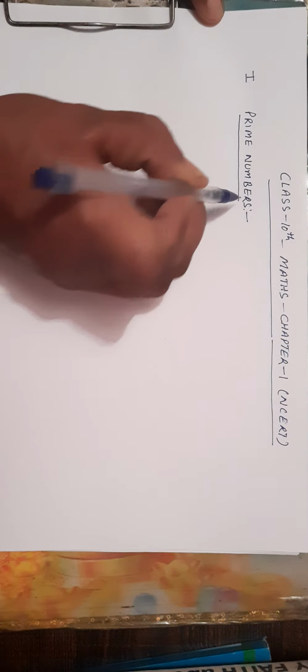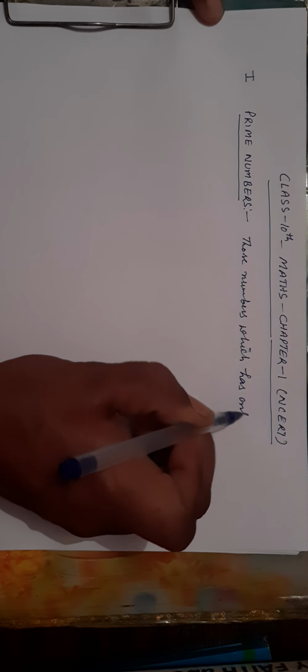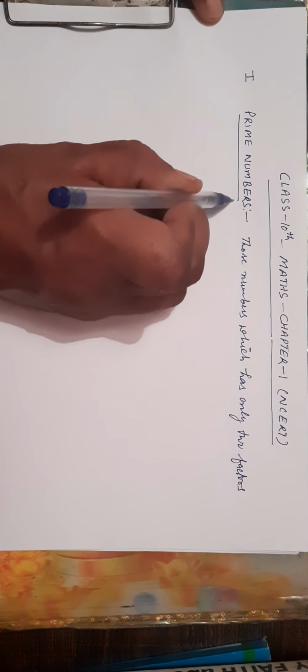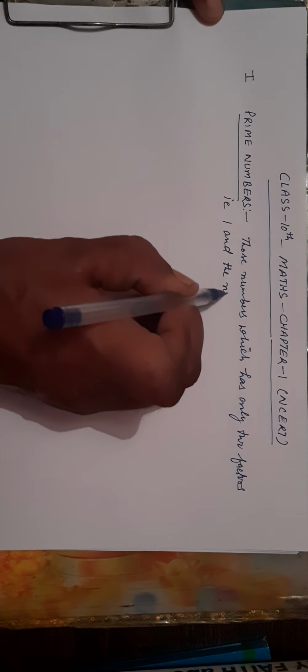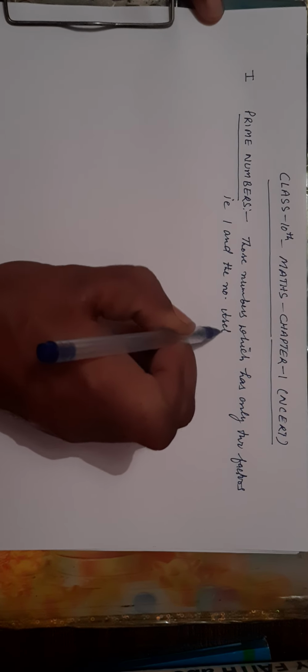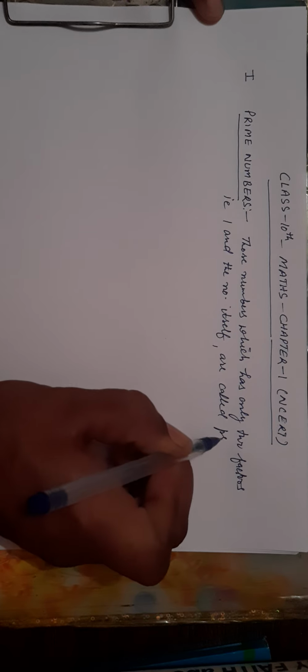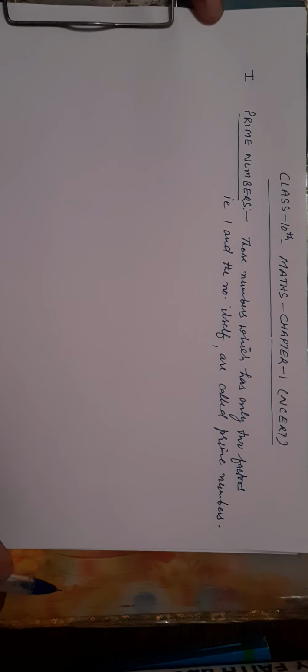Those numbers which have only two factors, 1 and the number itself, are called prime numbers. So you know this definition. This is just a recall.